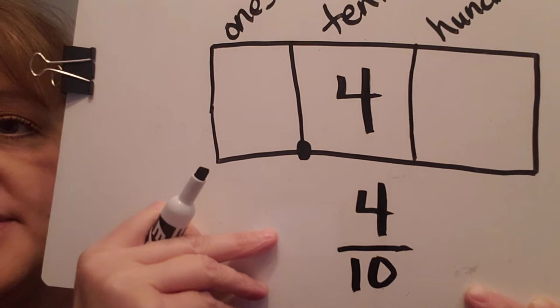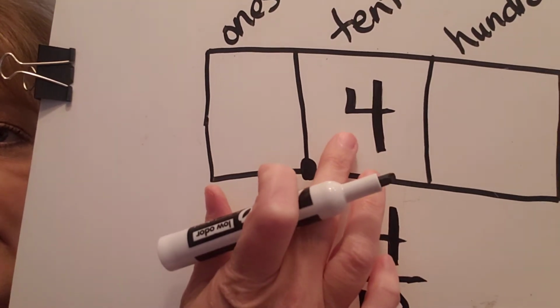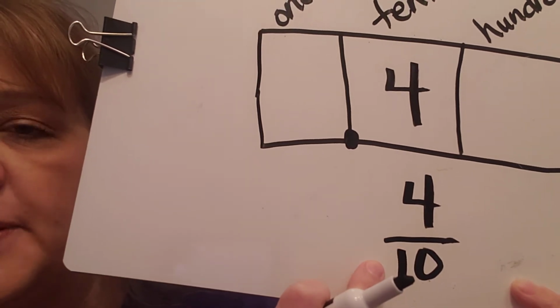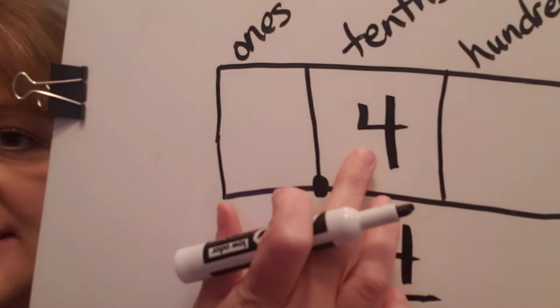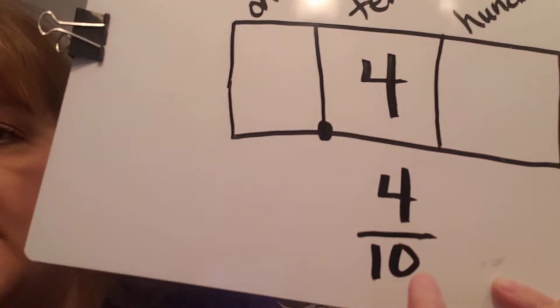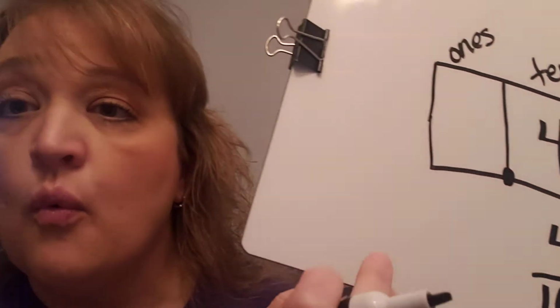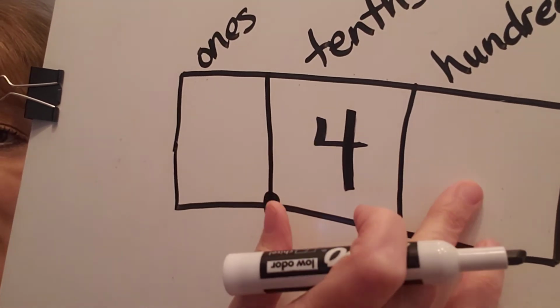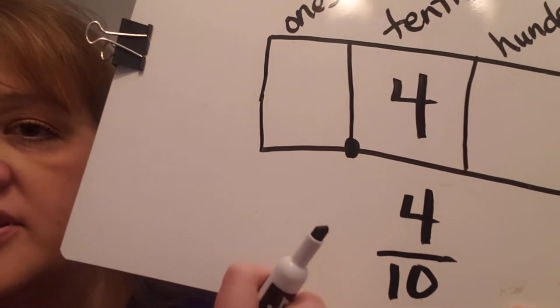So 4 tenths. So if there is a number here, then the fraction is out of 10 because this is like the dimes. If I have a number here, then my denominator is 100 because now I have pennies and there are 100 pennies in a dollar. So let's practice some of this on our worksheet.